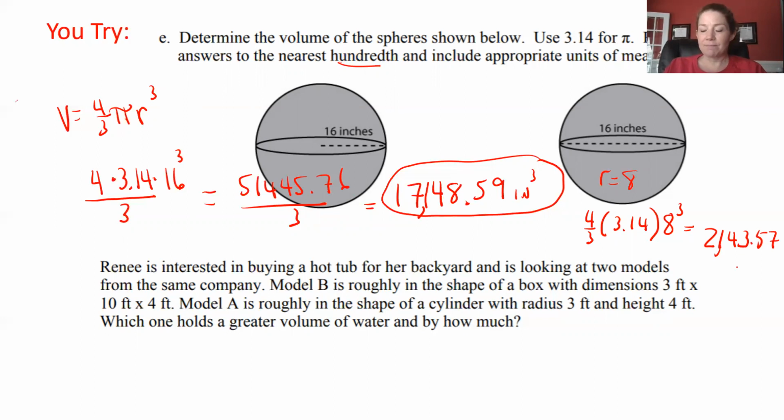So sorry about that. I got my first one incorrect. I didn't write it correctly. And that's a comma. 2,143.57. So is it half? No, it is not half, because 8 cubed is a lot smaller than 16 cubed. A lot smaller.